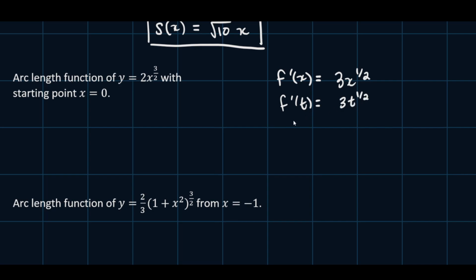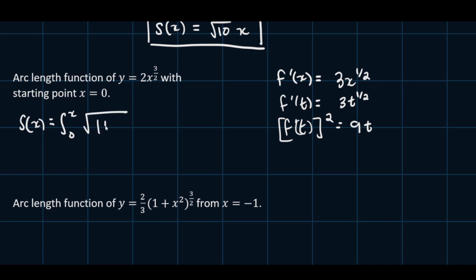Now, since we want f prime of t squared, this gives us 9t. So our arc length function is given by the definite integral from 0 to x, square root of 1 plus 9t dt.